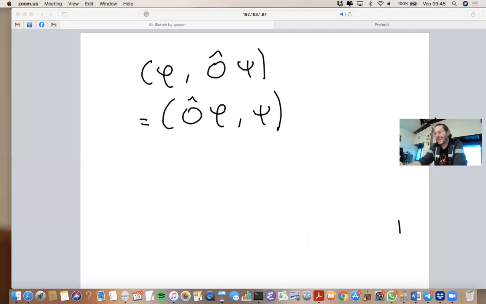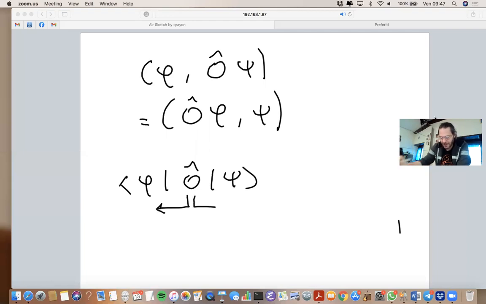But since in quantum mechanics we are only interested in Hermitian operators, the notation that Dirac, famous Nobel Prize winner, one of the most celebrated physicists of all time, invented, is a notation in which the operator sits in the middle, simply because if it's in the middle, it's symmetrically applied on the right and on the left.